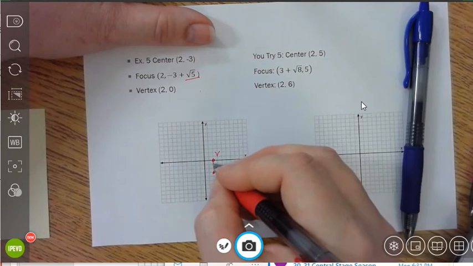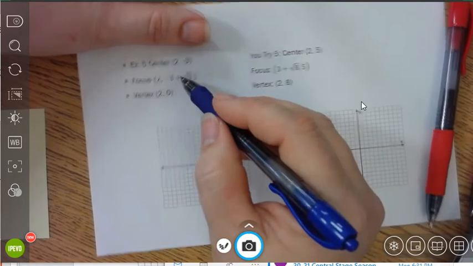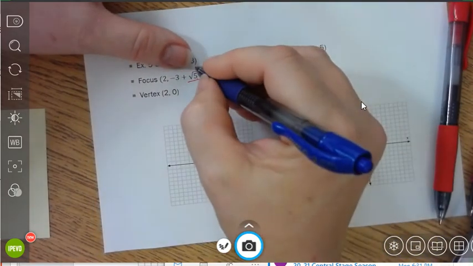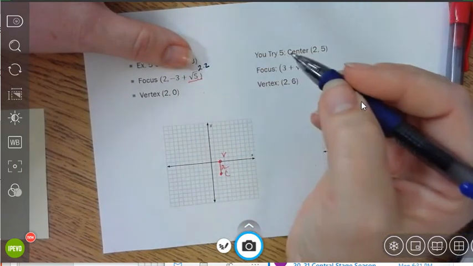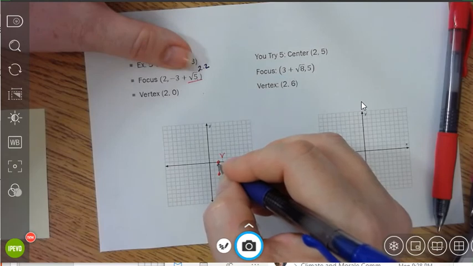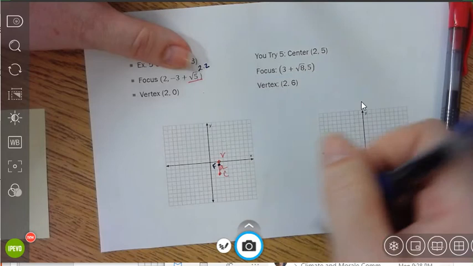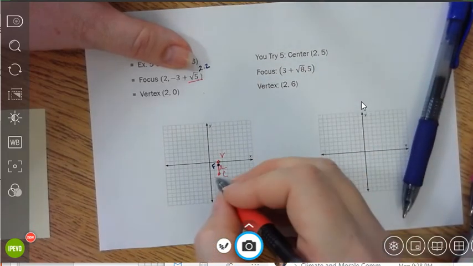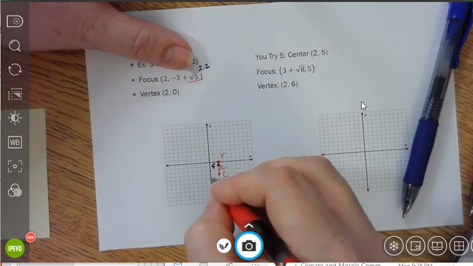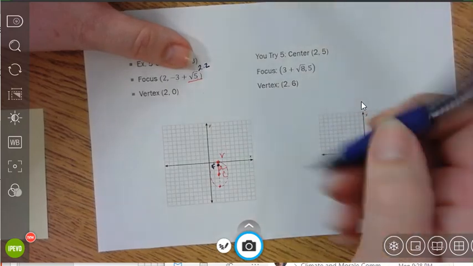So if that's a vertex, not a covertex, this has to be the A. Not only that, this is negative 3 plus the square root of 5, which is 2.2-ish, in that ballpark. So you go up 2 and a smidgen more, it's right here. That is a focus. That means we would mirror this other side if you wanted to, and we're going to have something along these lines. It's just kind of nice to know what you're working with.